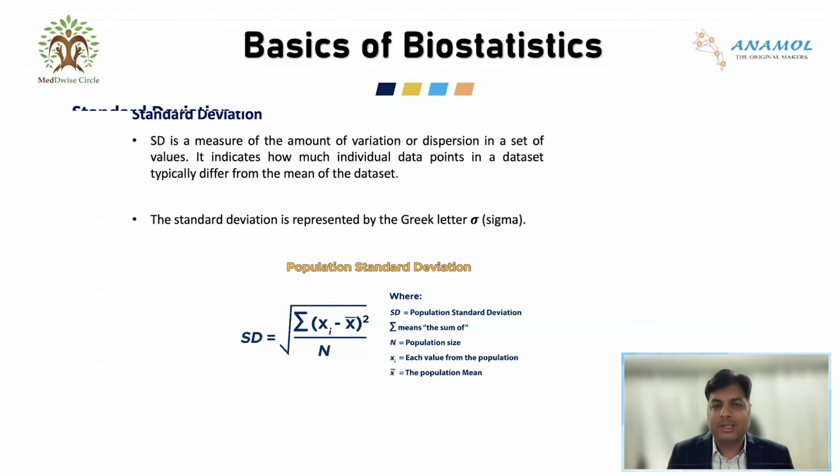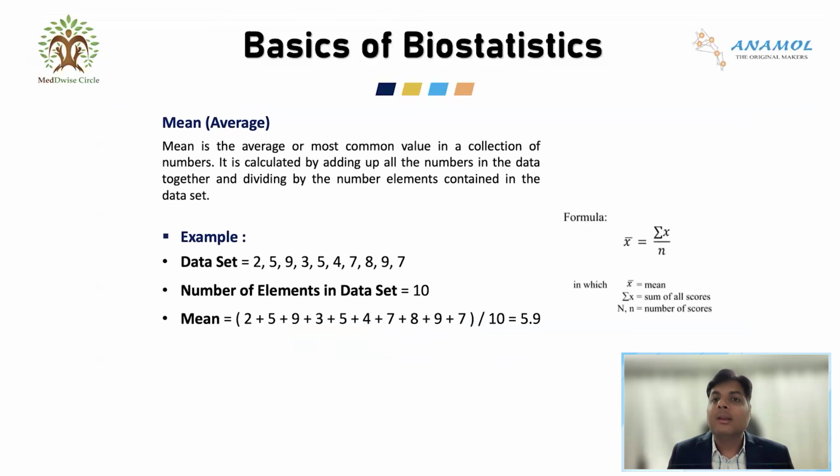By the way, I forgot to tell you, mean is signified as something called X bar. Here you can see the letter X, and on the letter X there is a dash. So this is called X bar.